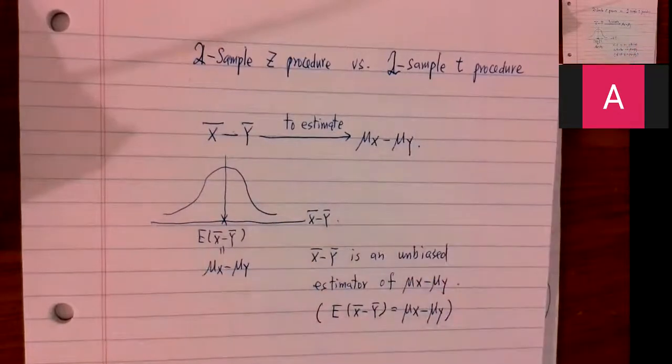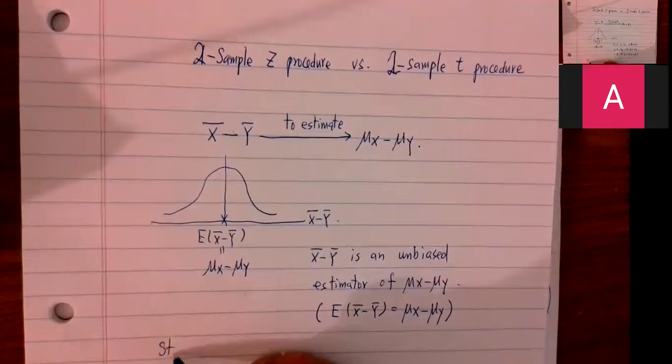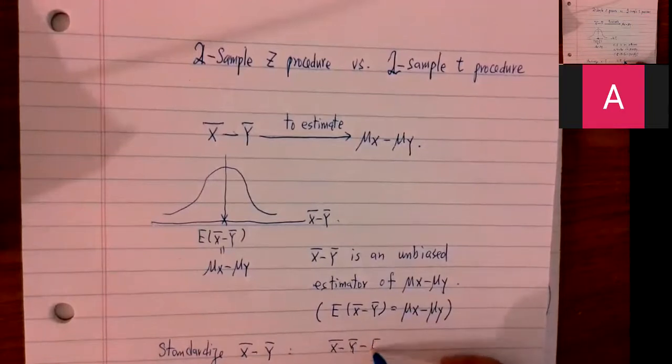So if we want to form inference, we standardize the estimator. X bar minus Y bar, subtract by its mean, divided by standard deviation.